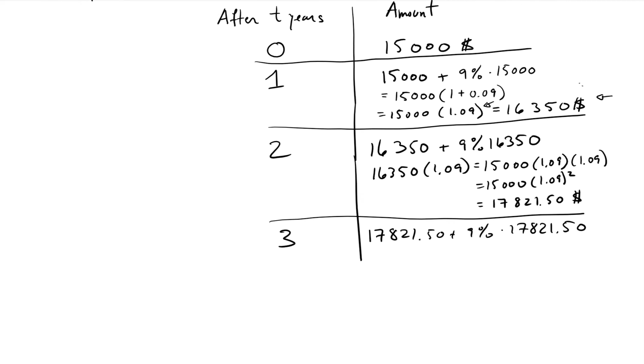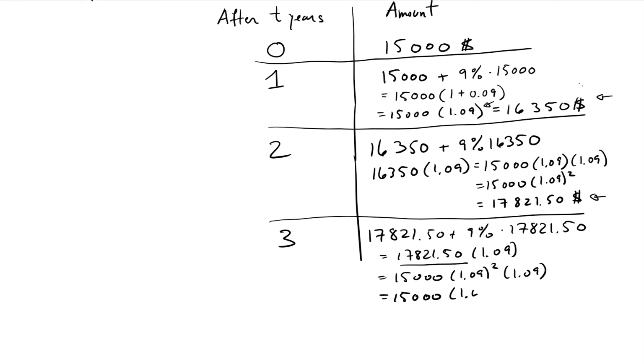So of course, this is equal to this times 1.09, but now remember this amount here is 15,000 times 1.09 squared, and then we multiply that by 1.09 again, so the 1.09 now gets cubed. Now we start to see that there's a pattern emerging from this. So as we calculate this now, we get $19,425.44 approximately.